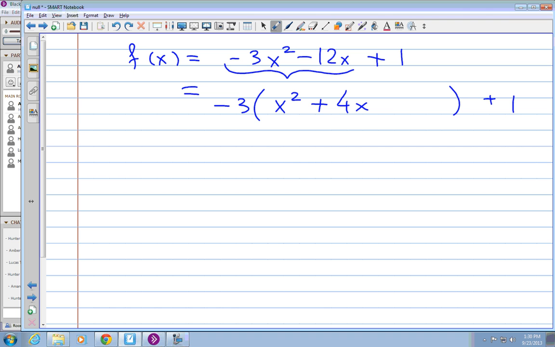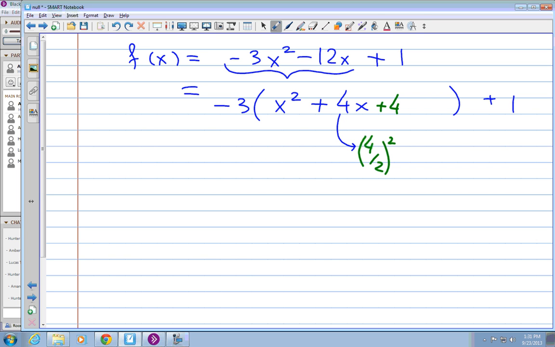So I'm not worrying about that -3 for now. I'm just going to focus on x squared plus 4x. So what do I have to add in order to complete the square? Well, I have to take 4 divided by 2 and square it. So that's plus 4, right?